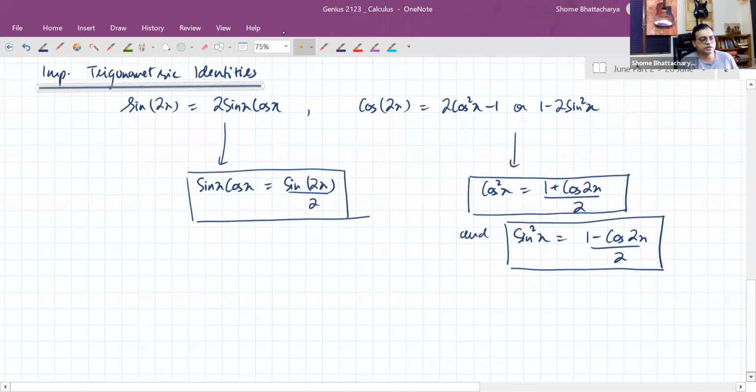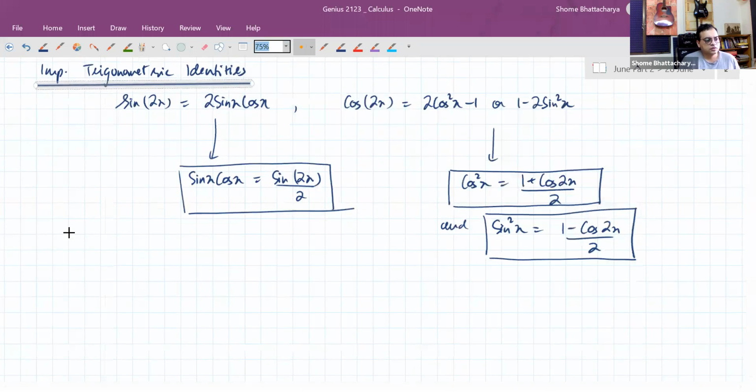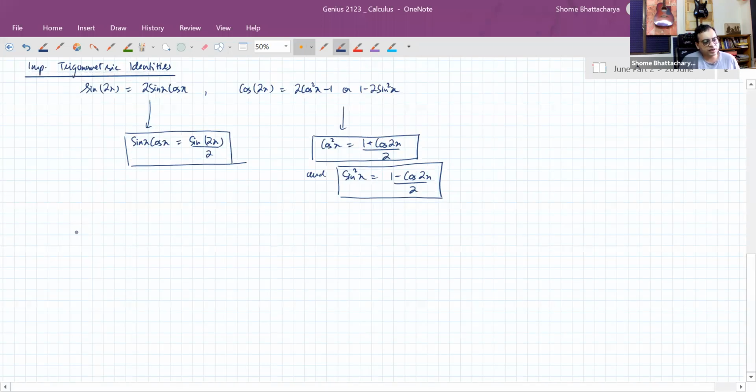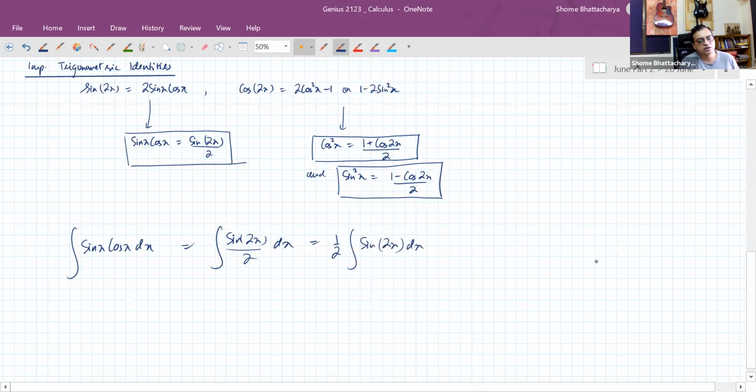So next we'll see that. If I have integration of sine x cos x, that can now be written as integration of sine 2x by 2. So that is 1 by 2 outside, integration of sine 2x dx. Now I can make use of the fact that integration of sine x is minus cos x.